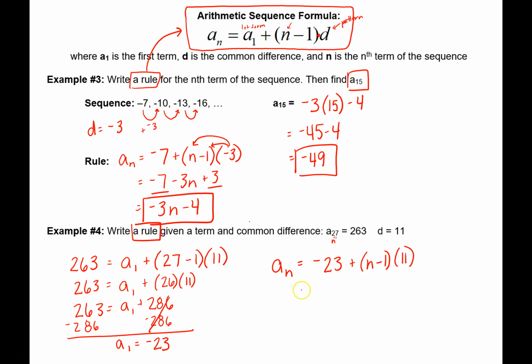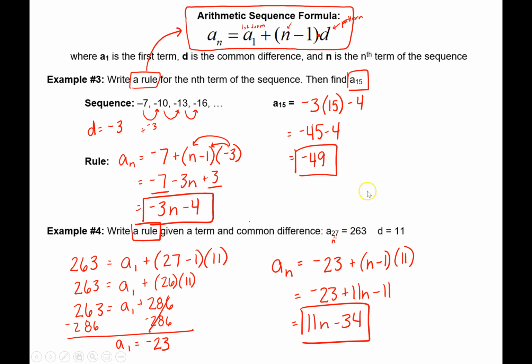So we can simplify this to put it in standard form, and that will give us our rule because now we know the first term in the list. So 11n minus 34 is our rule. We could find any number in the list now when all we were given is a number in the list and the rule that was followed.